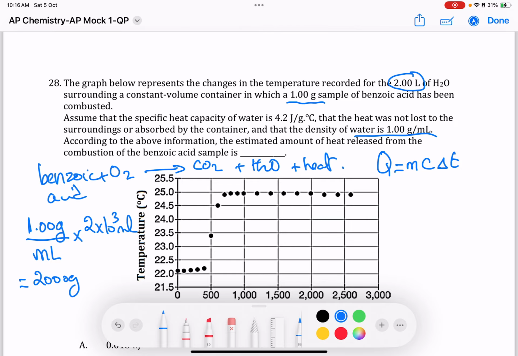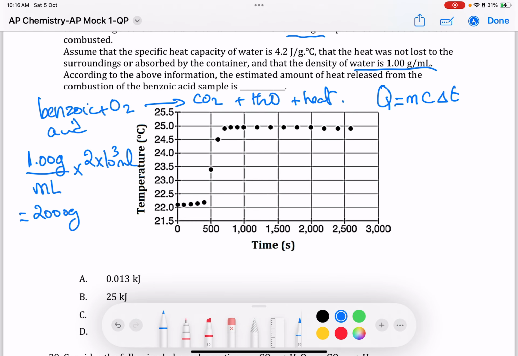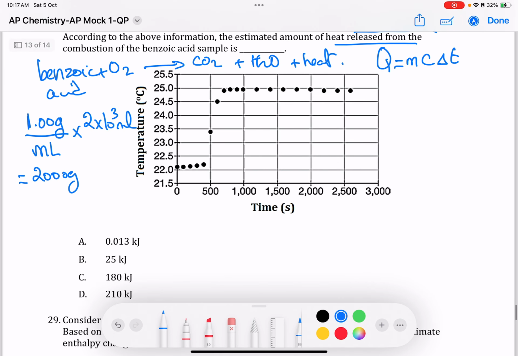Okay, now let's look at the graph to find the heat released from the combustion. Whatever heat is released from benzoic acid is the same as that absorbed by the water. So by calculating the Q of water, we can know how much heat was released.